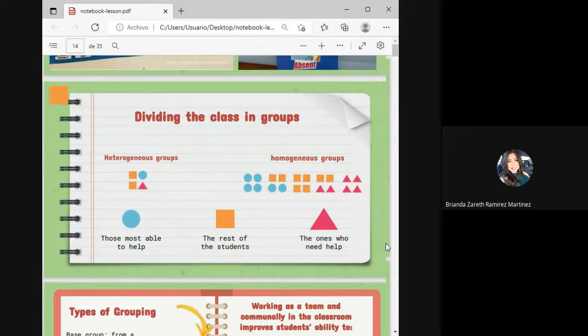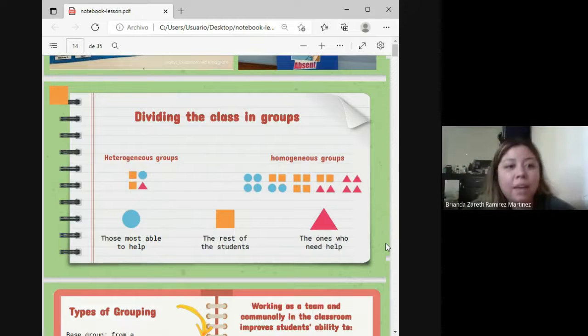Okay, so now we have dividing the class in groups. First, we have the heterogeneous group, and it is when a diverse group of students is put in the same cognitive learning group. This mix of groups may consist of students of varying ages, educational levels, interests, special needs, etc. The students are of approximately the same age, but functioning at different academic levels.